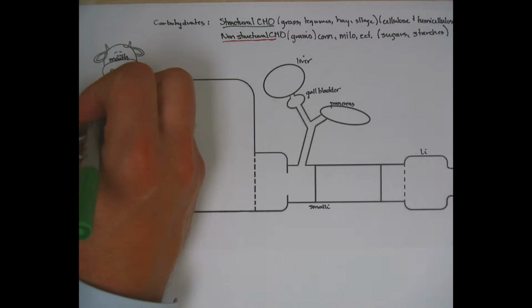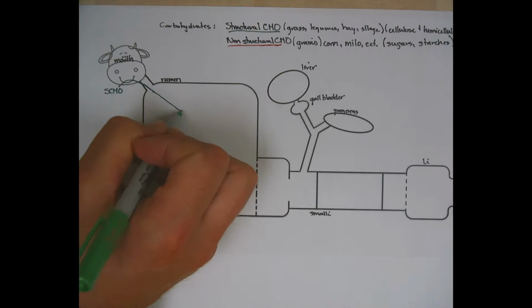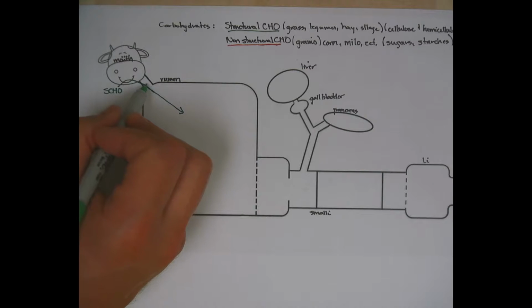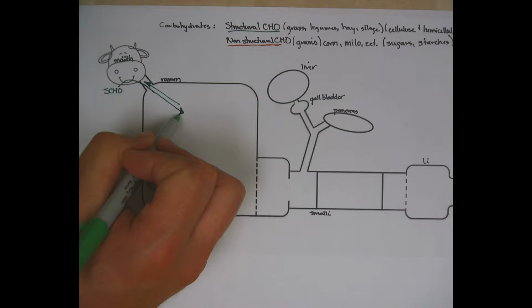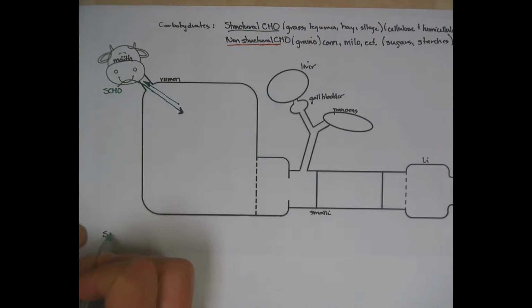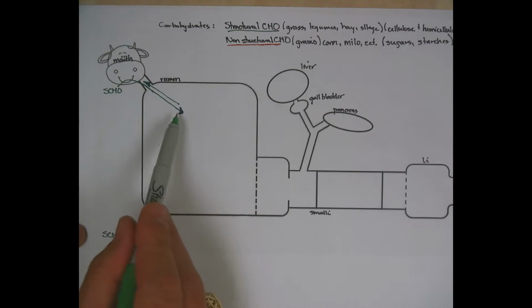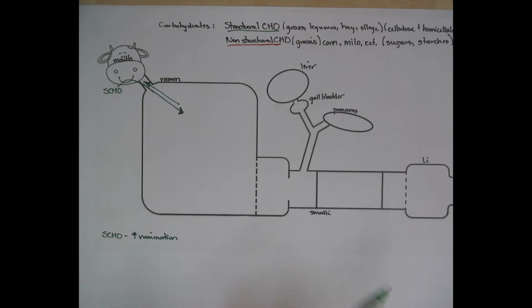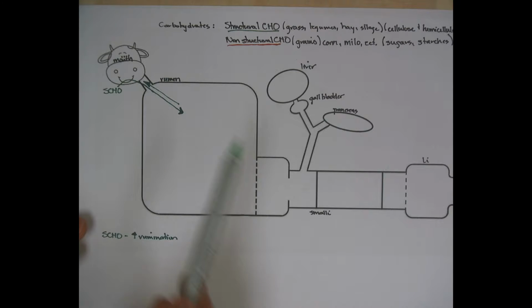Okay, so if our cow is grazing and she consumes some structural carbohydrate, it enters the reticulum rumen, and she is going to ruminate it, so it goes both ways multiple times. One thing to keep in mind is structural carbohydrate increases rumination. Which, if you take a minute and think about it, takes a whole lot more time to break grass into little pieces. If I gave you a pile of grass and asked you to rip it apart, it would take a lot more time than if I asked you to take corn and break it into little pieces.